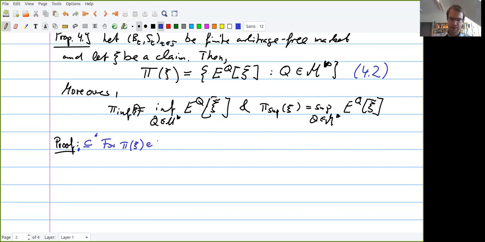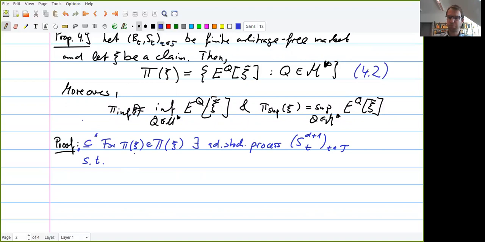This means there exists an adapted process, let's denote it by D^{d+1}. This is the idea of our extended market. So just that the conditions are fulfilled.